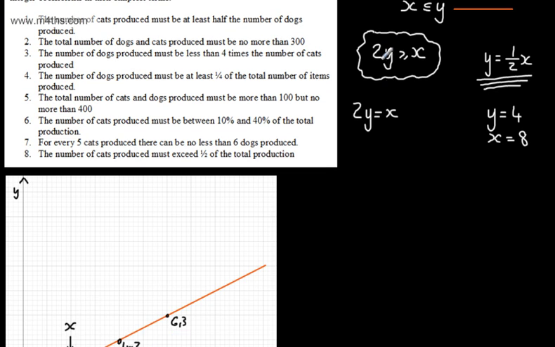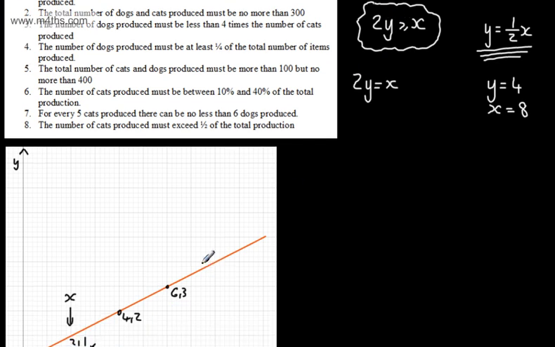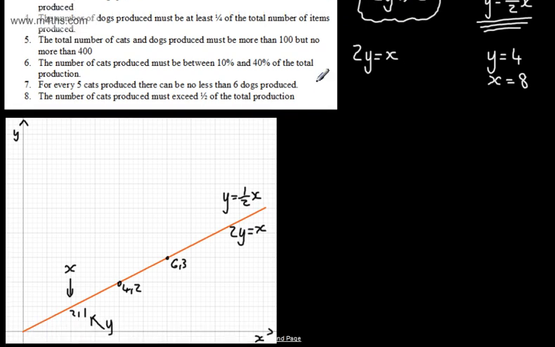Now we've got 2y is equal to or greater than x. So I know I'd use a solid line, and this is the line y is equal to 1/2 x, or if you like, 2y is equal to x. People often like to think with these lines, well, it's pointing above it, so we shade above it. I just like to take a point and confirm that that point is true.